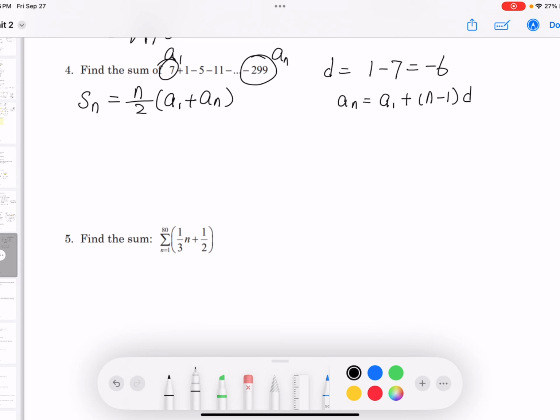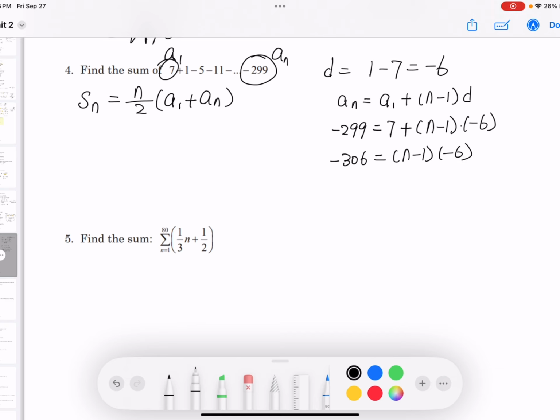So -299 is equal to a sub 1, 7, plus n minus 1 times -6. I don't know what is the n. Let's solve for the n. We can minus 7 both sides, which is -306 equals n minus 1 times negative 6.